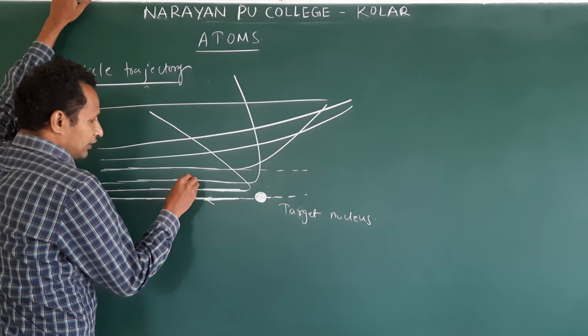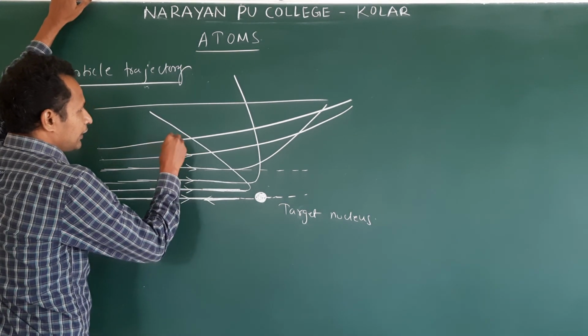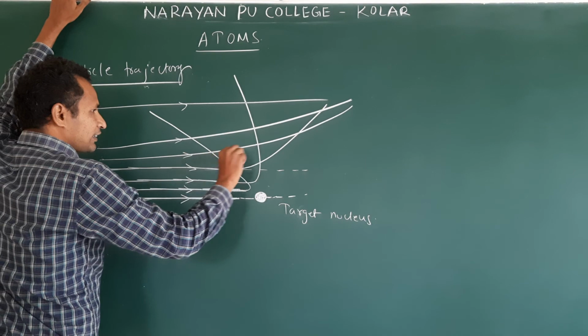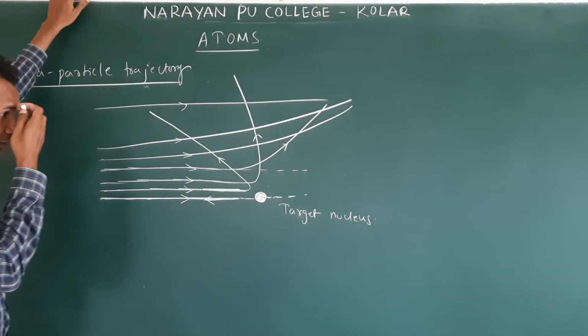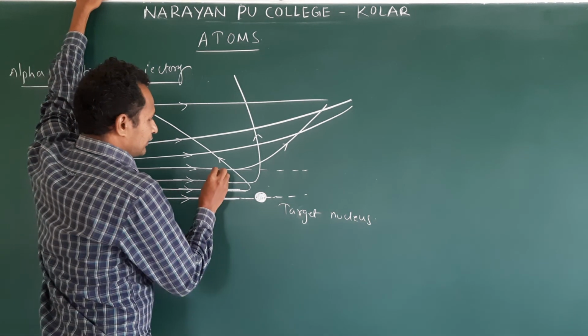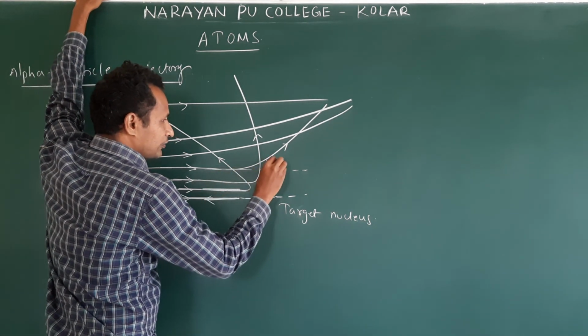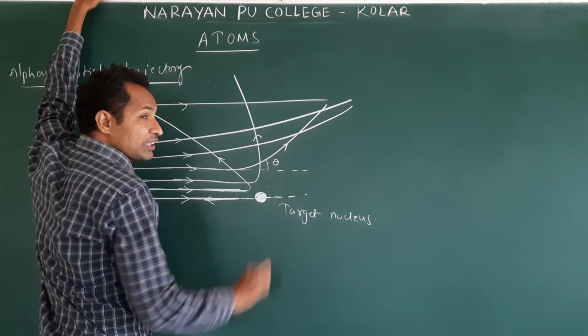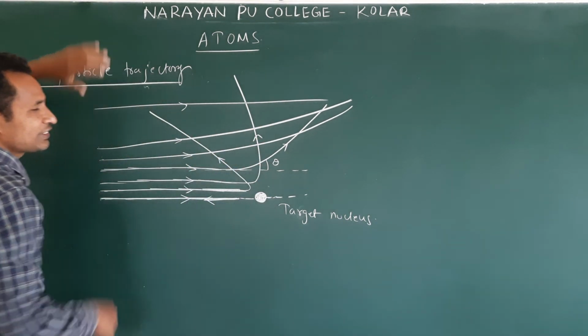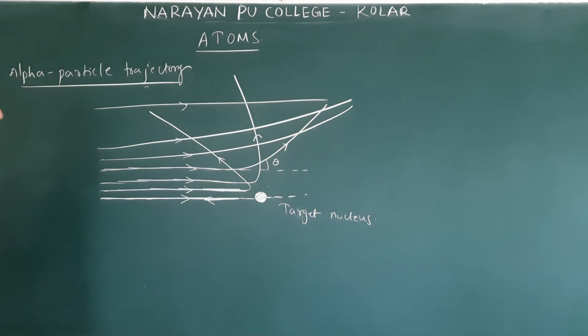All of these will be falling in this direction. See how they scatter. So this is the scattering angle. As we move away, for the rays which are away from the center of the nucleus, the scattering is very less. Clear?